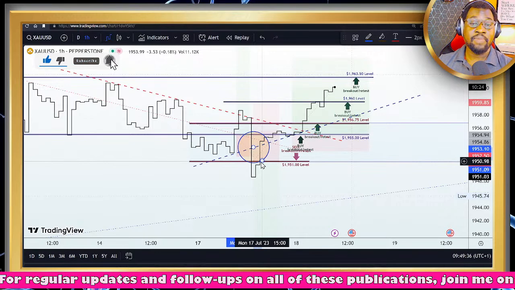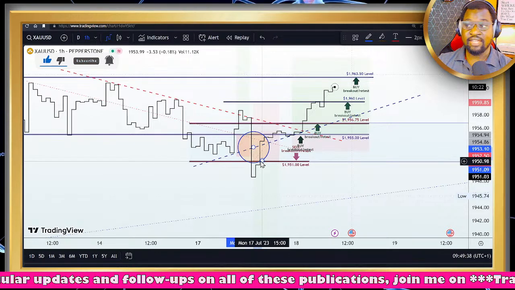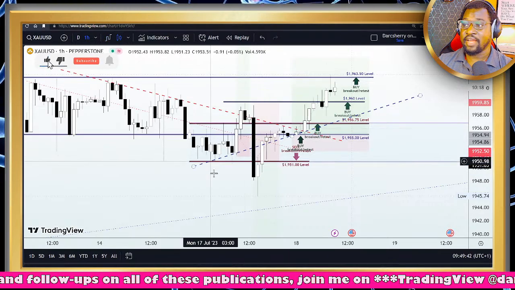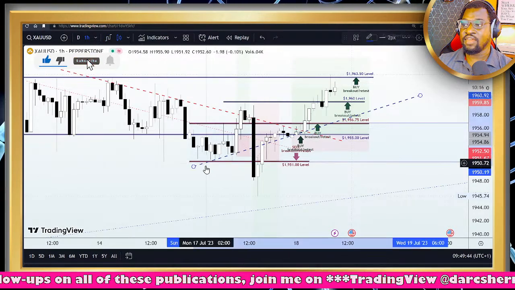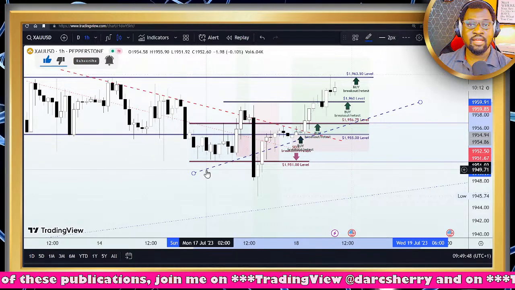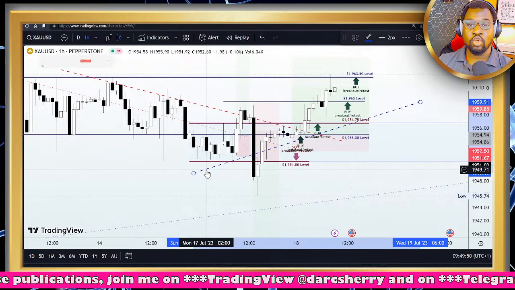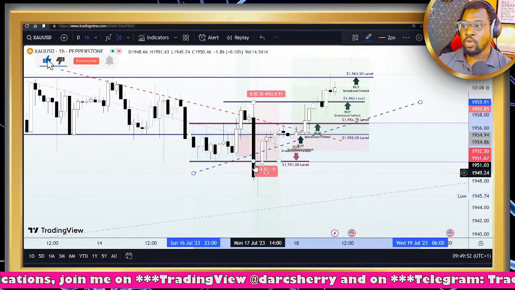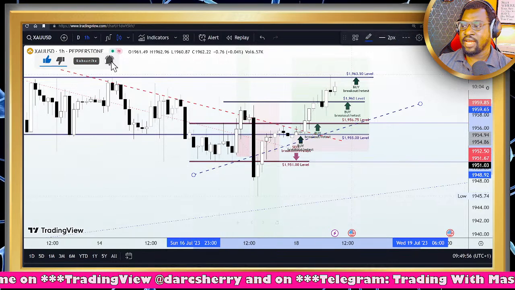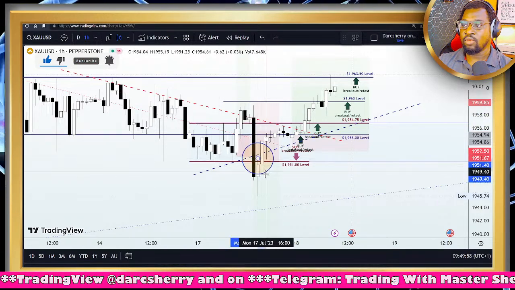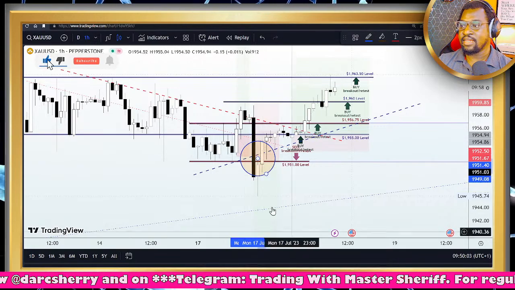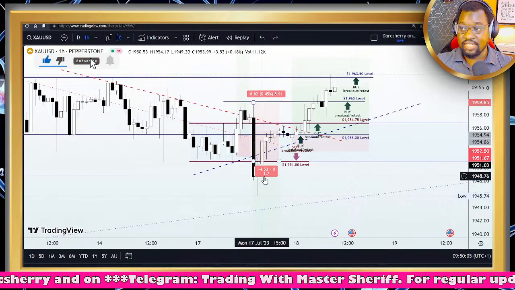When we bring back our candle chart, we can adjust the trend line to suit the current market structure. Look at what we have here. I will extend this one down a little bit so that it can capture most of the pivot lows. We shall consider this one to be a false breakdown, which we saw as price immediately climbed back above the trend line, and since then it has been respecting that trend line.